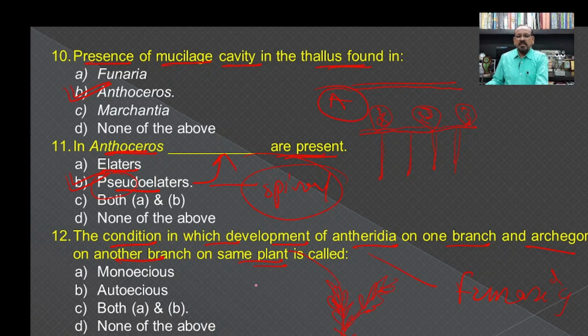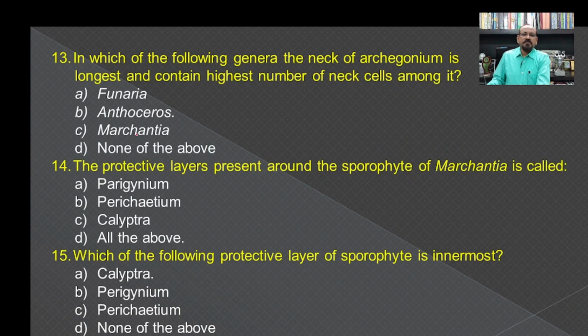As the antheridia and archegonia develop on the same plant, it is known as the monoecious condition, and such a condition developing on different branches of the same plant is also known as the autoicous condition, and hence both A and B become the answer for this question.